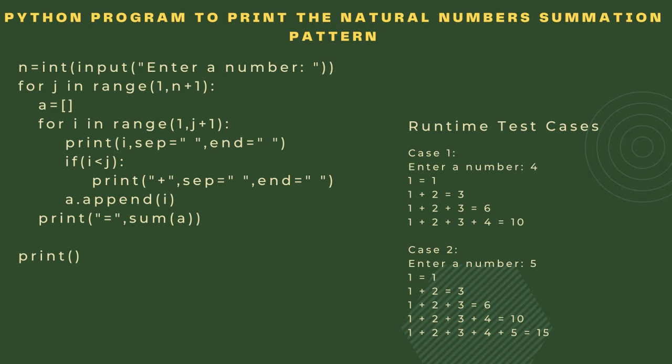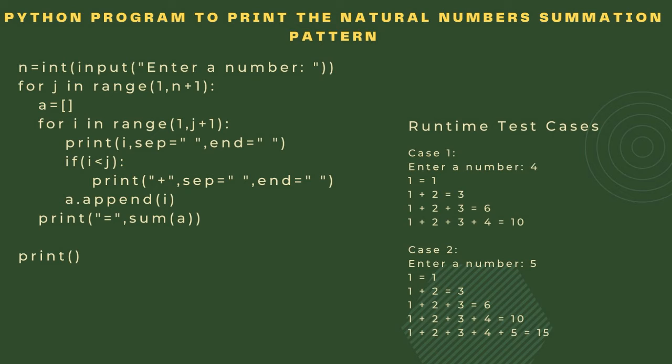Use two for loops where the value of j ranges between the values of 1 and n and value of i ranges between 1 and j. 3. Print the value of i and plus operator while appending the value of i to a list. 4. Then find the sum of elements in the list. 5. Print equal to followed by the total sum.